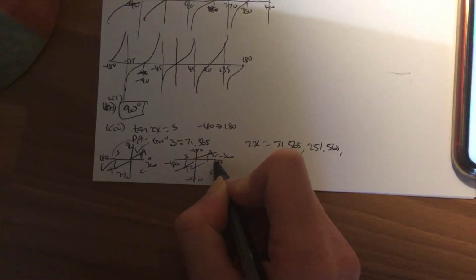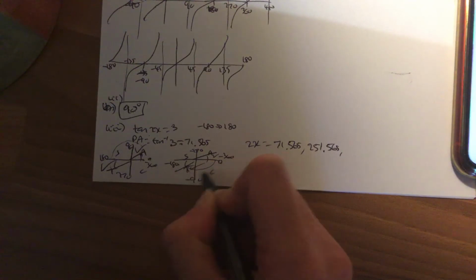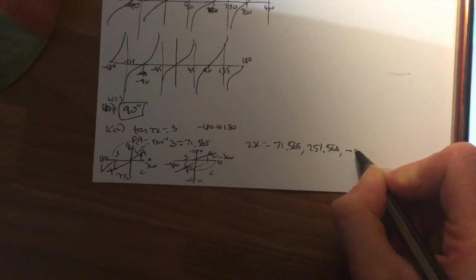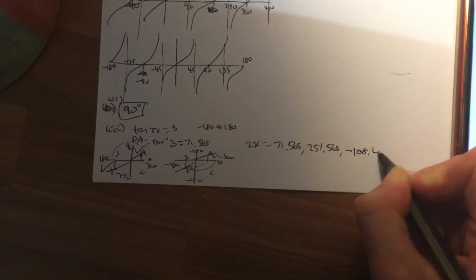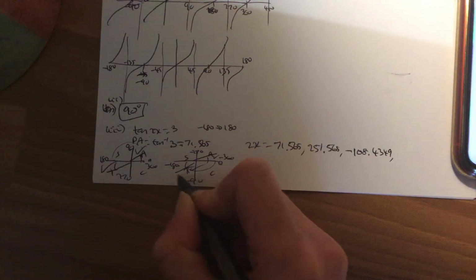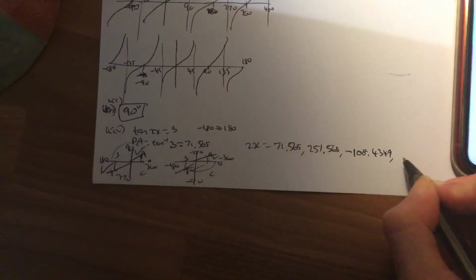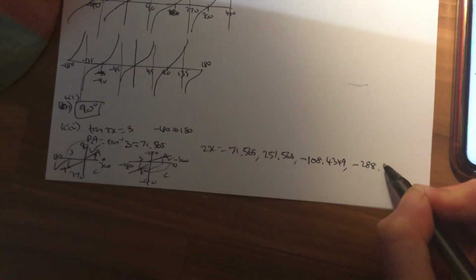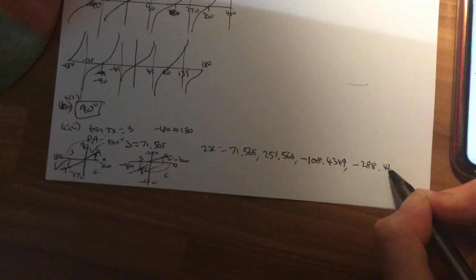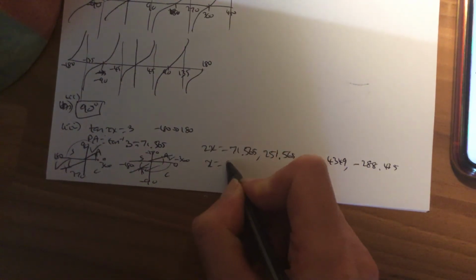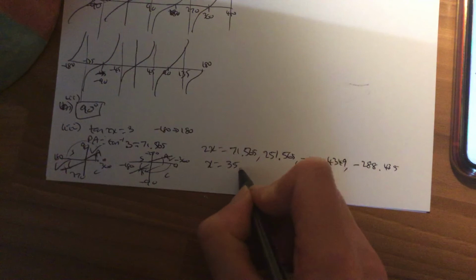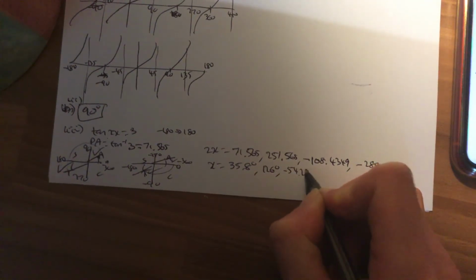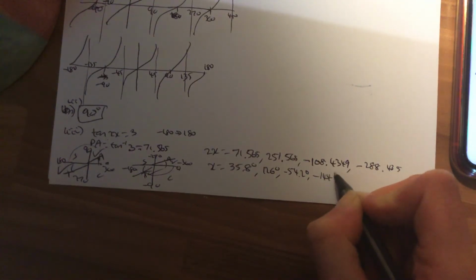From the second quadrant, remember you're going backwards, so it's minus this angle. So it's minus 180, take away your 71 to give you minus 108.4349. And the whole way round, so it's 360 minus your angle. So it's negative 228.435, and just divide everything by 2 and try to remember to give it to 3 significant figures. So 126, minus 54.2 and minus 144 degrees.